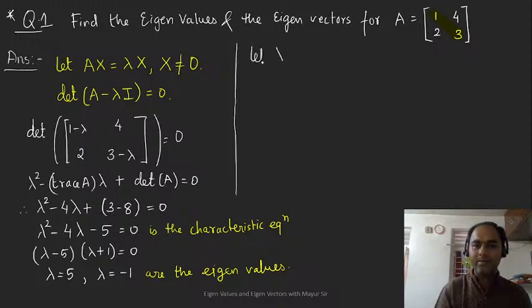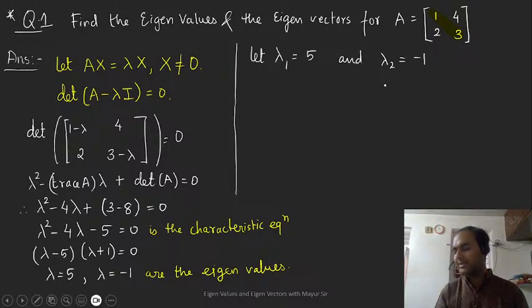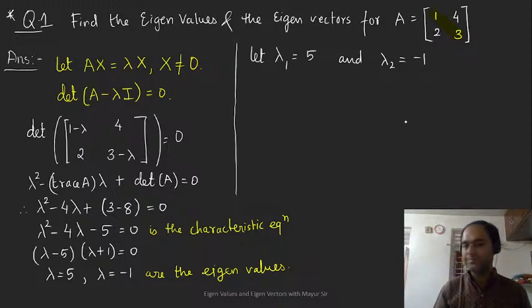So let lambda 1 equal to 5, and lambda 2 equal to minus 1. We can label like this for our convenience. After this, we write for finding the eigenvector.